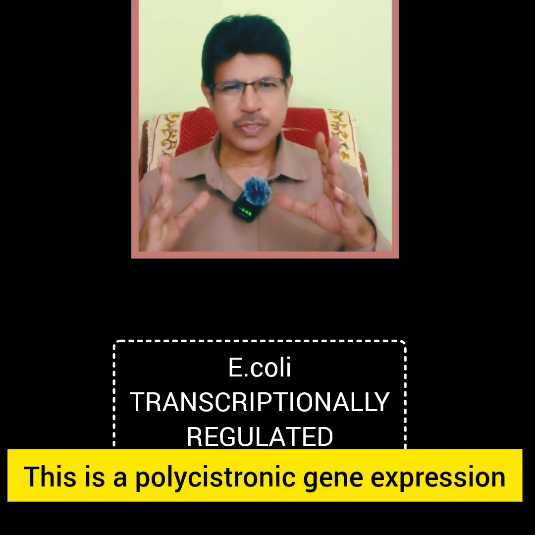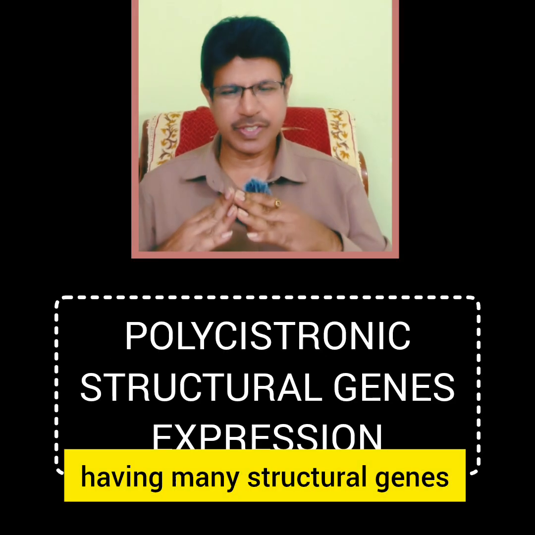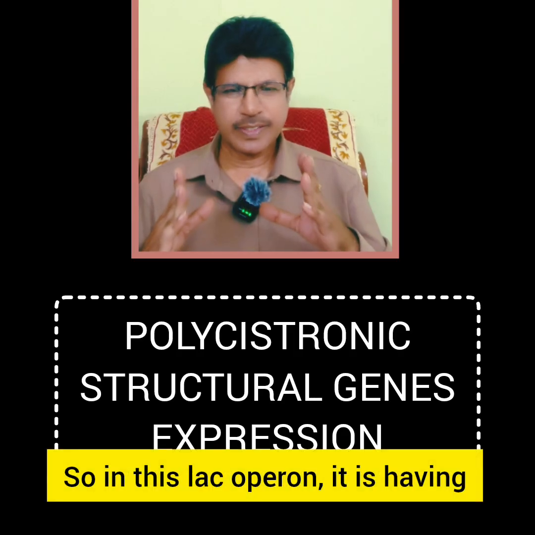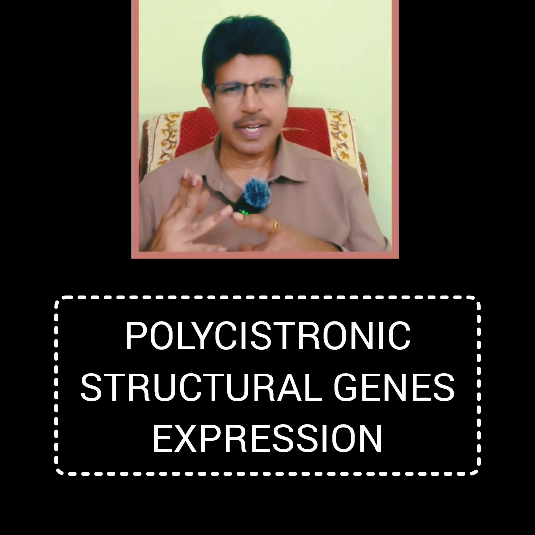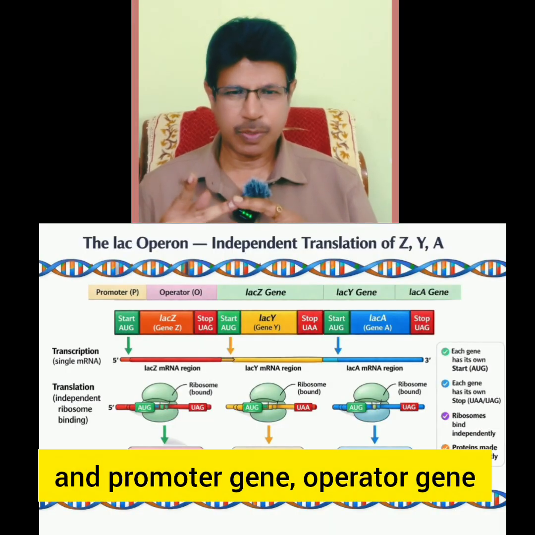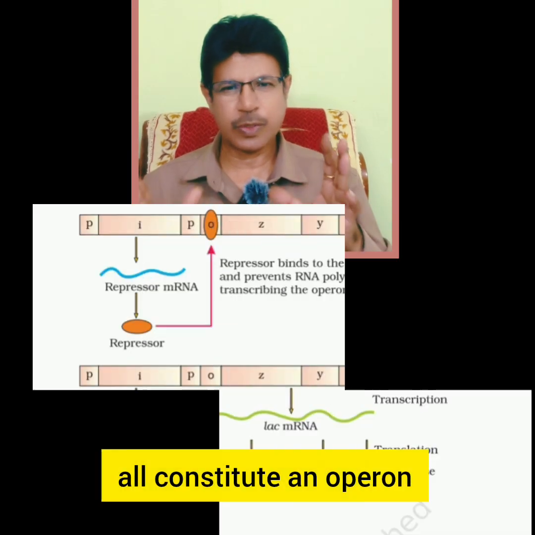This is a polycistronic gene expression having many structural genes. So this lac operon has the I gene, that is the regulatory gene, the promoter gene, the operator gene, and three structural genes. All constitute an operon.